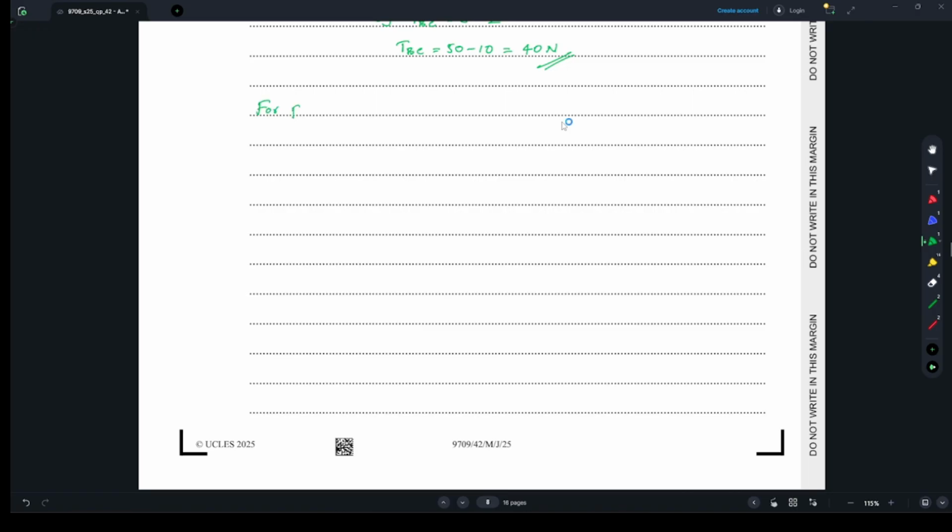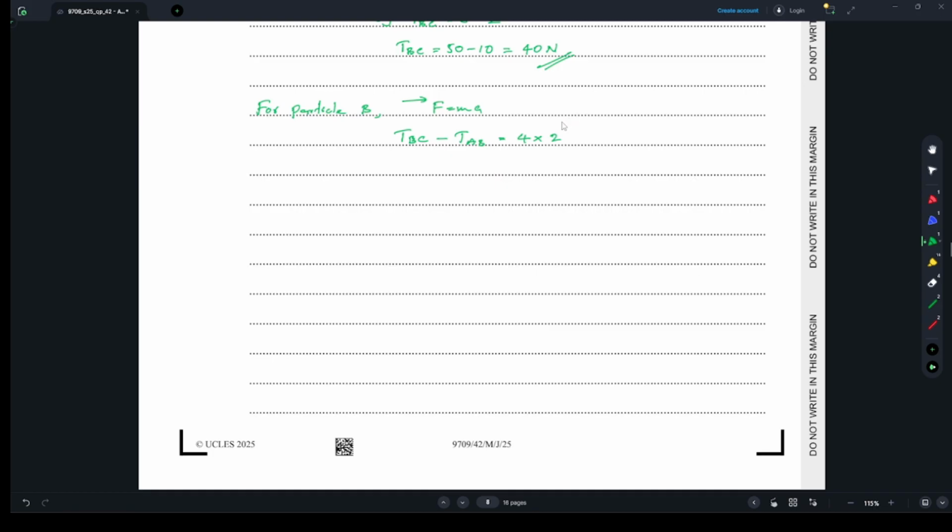So for particle B, let's apply F equal ma here. So we can say TBC minus TAB equals the mass, which is 4, times acceleration, which is 2.